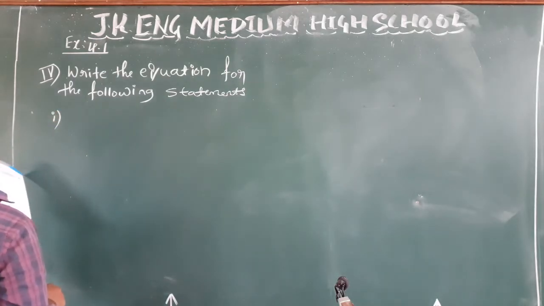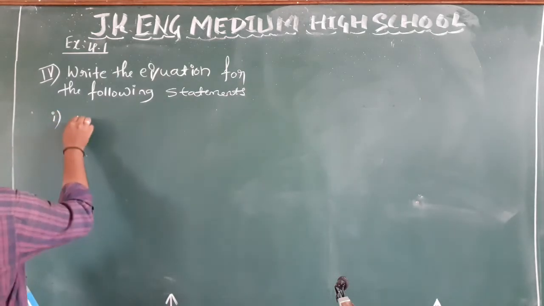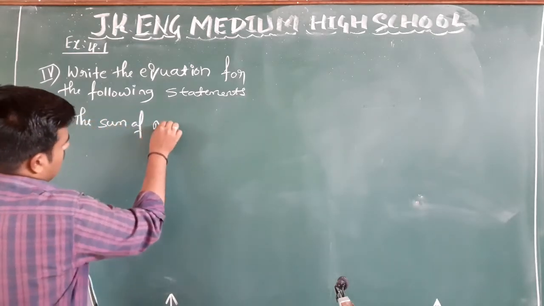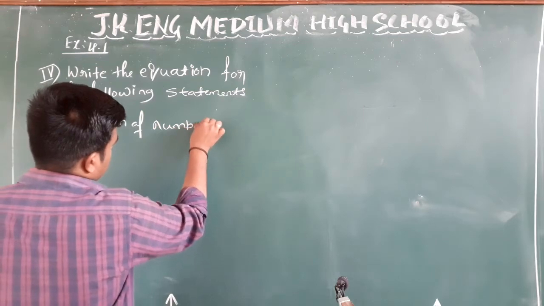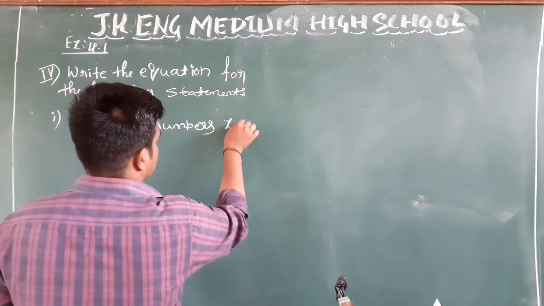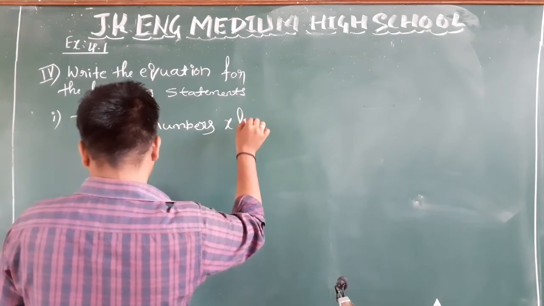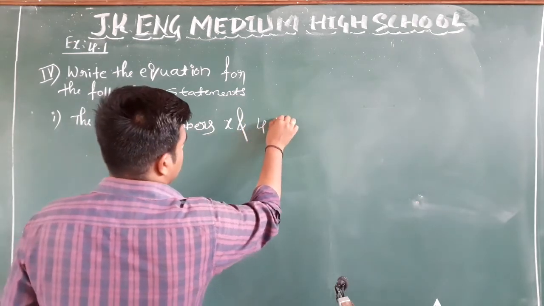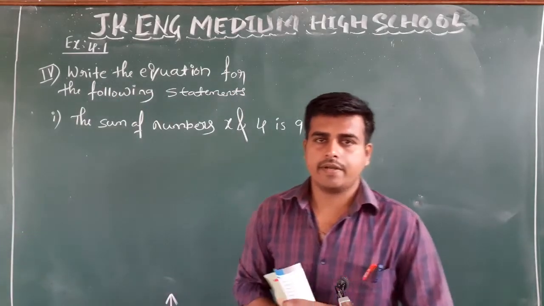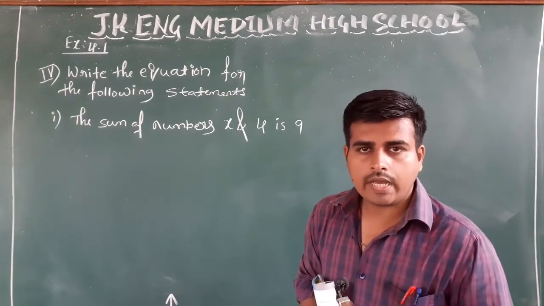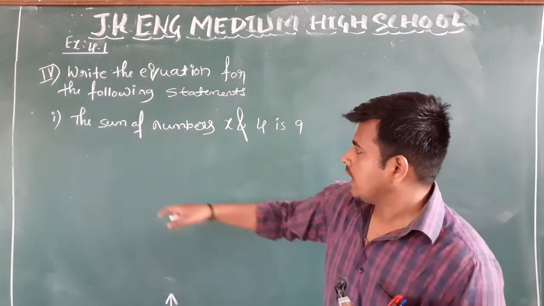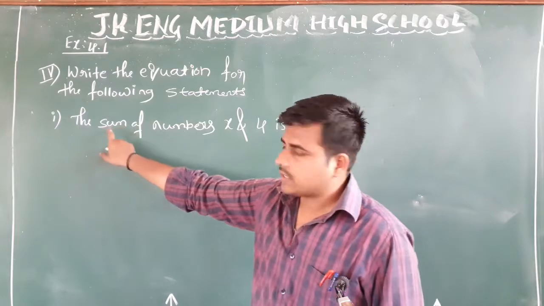First one. The sum of numbers x and 4 is 9. This is the statement. Now we have to convert this into a mathematical form. I hope we know the sum. Sum means what here?